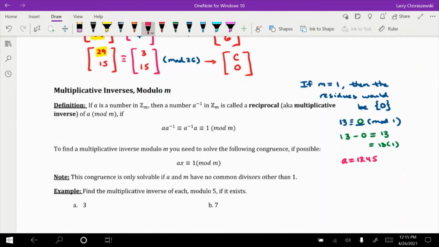So if we allow, I'm sorry, go ahead. No, I'm following you. I wasn't sure if you could use modular arithmetic on numbers that had decimals that weren't integers. Oh, you absolutely can.